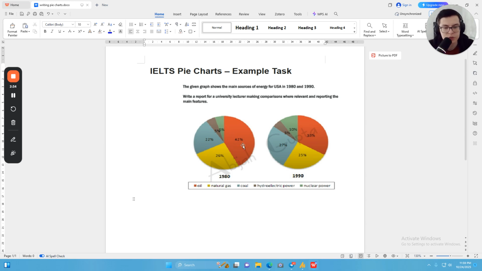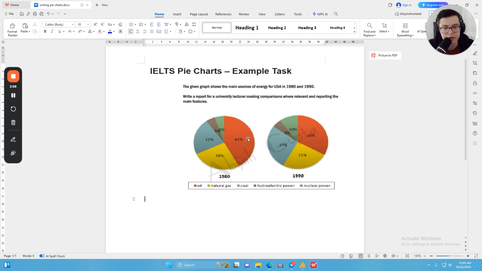And then the proportion of oil decreased in the next period. So that is the first thing I should consider when it comes to categorizing.